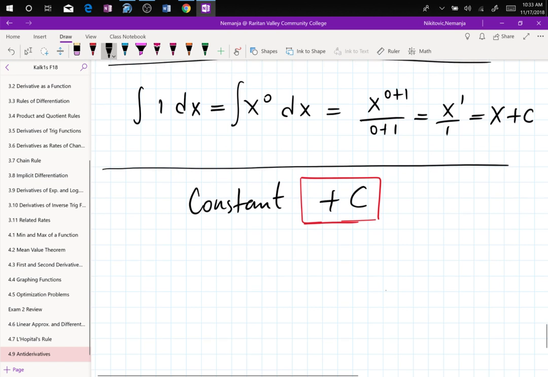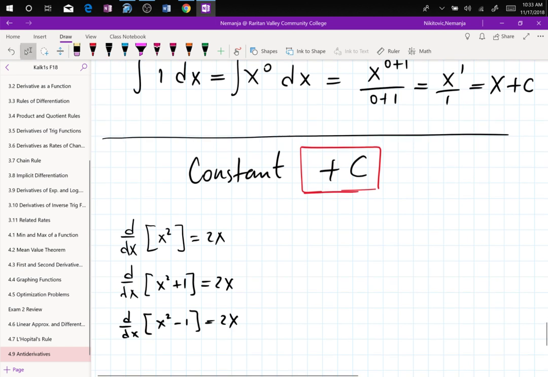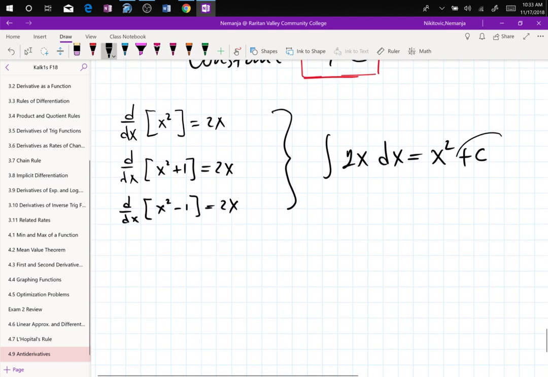If we go back to what I had earlier, talking about the derivative of x squared being 2x, the derivative of x squared plus 1 being 2x, the derivative of x squared minus 1 being 2x, and then combining all of this into integral of 2x dx equals x squared plus c, we know what this plus c does to functions from pre-calc 1.